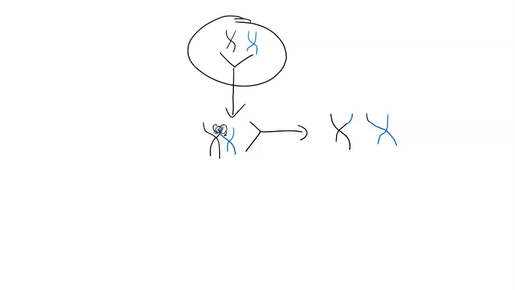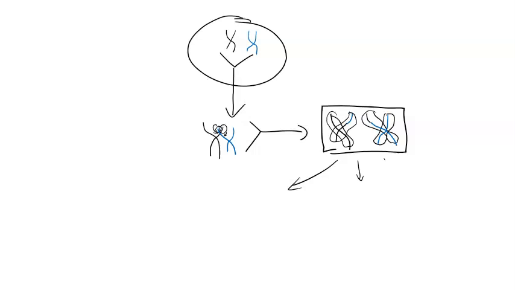So in this case, if we had these two chromosomes forming gametes, one gamete would get that chromosome, another gamete would get this chromosome, another gamete would get this chromosome, and another gamete would get this chromosome. So we'd actually end up from this with 4 different gametes that all have unique DNA.